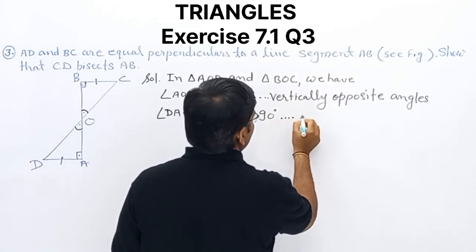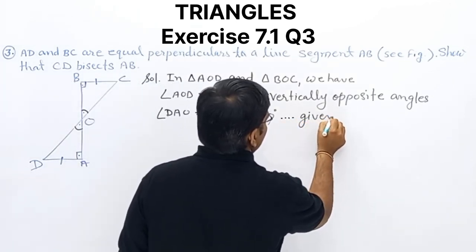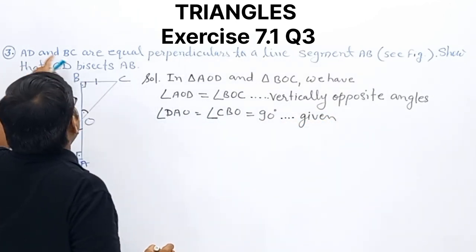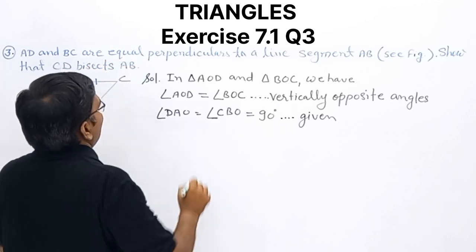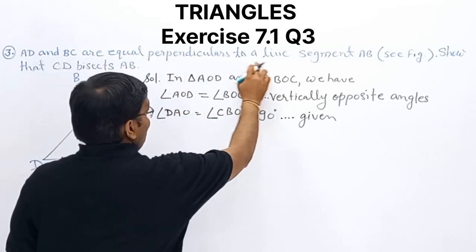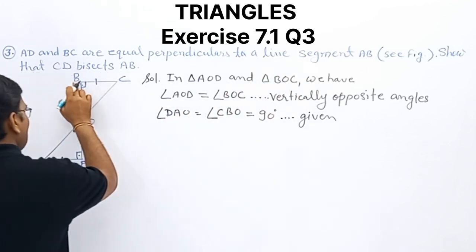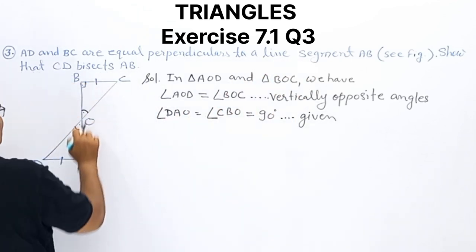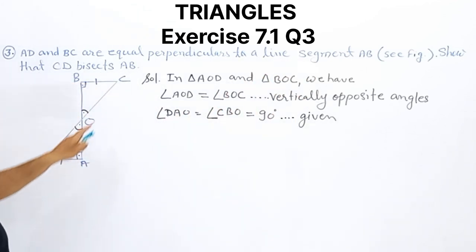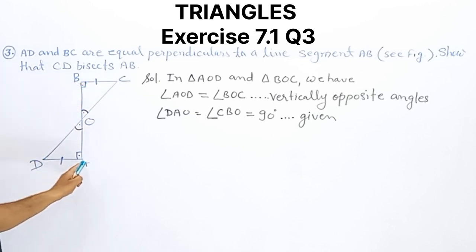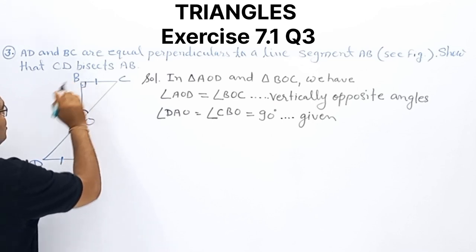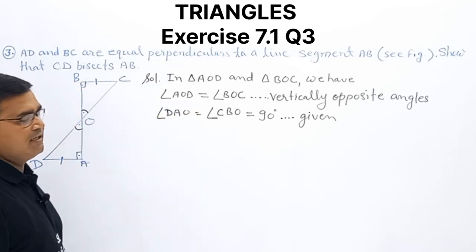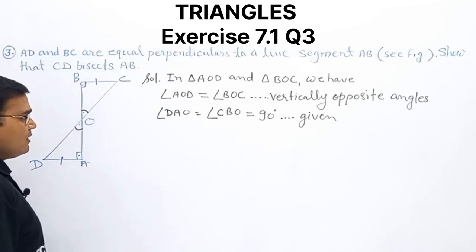It is given in the question. How? AD and BC are both perpendicular to the line segment. These two lines are perpendicular to this line segment. So this angle is equal to this one, and each is 90 degrees, given in the question.